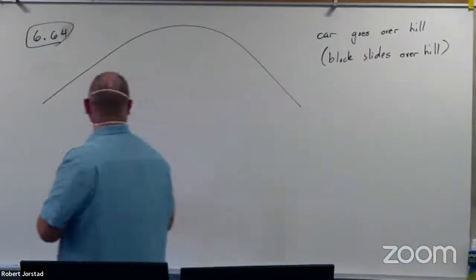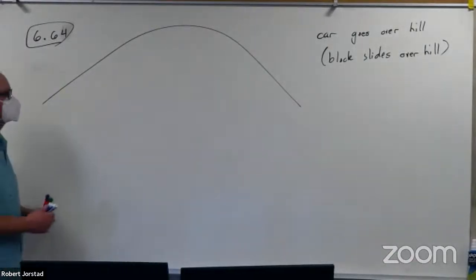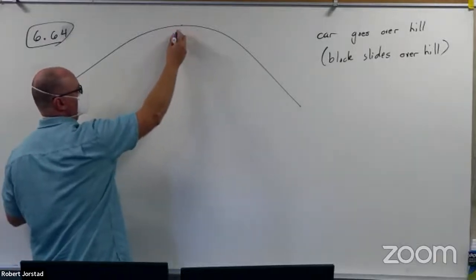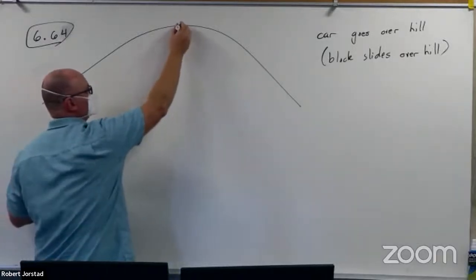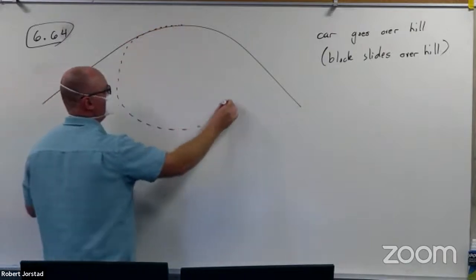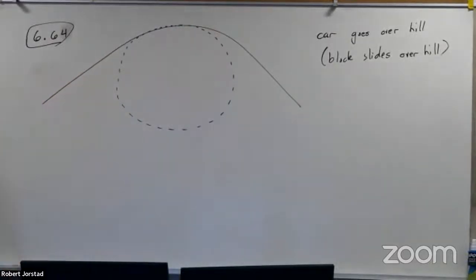And in particular, one of the things, maybe you've seen this in your calculus classes, maybe you haven't. One of the things you can do is at any point on a motion, we can draw a circle that represents the path at that one spot. Now, this is not a very good picture, I know.